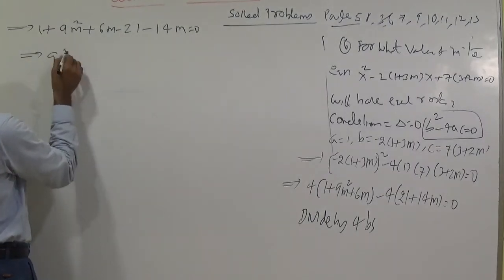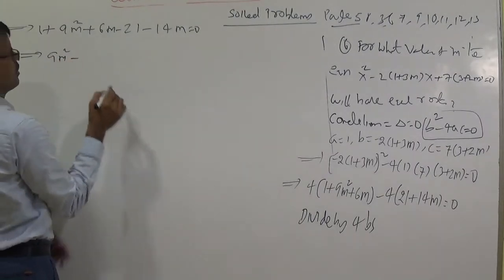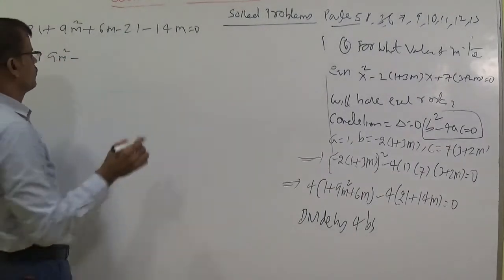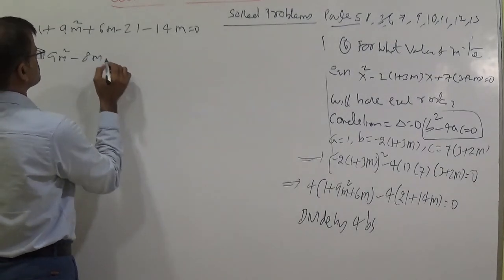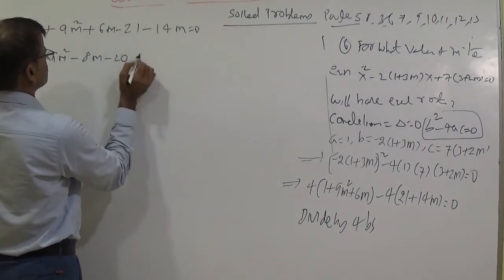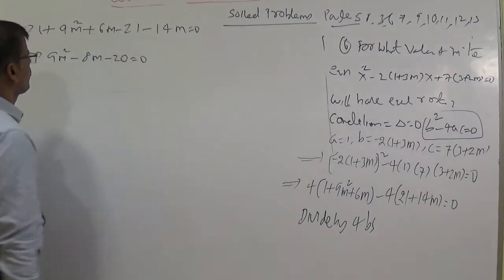That implies 9m square plus 6m minus 14m becomes minus 8m. So 9m square minus 8m minus 20 equal to 0.